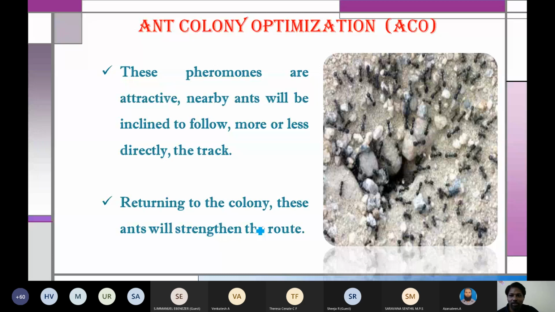The ants secrete pheromone, and other ants can smell that pheromone and get attracted by the pheromone content, and then they move the same way. Same as what you have seen for the honeybee: they dance, and with the vibration of the dance they can understand how much distance and how much angle it is. Same as that, just by seeing the pheromone trail, the density or concentration of the pheromone, they can understand this is the shortest path.